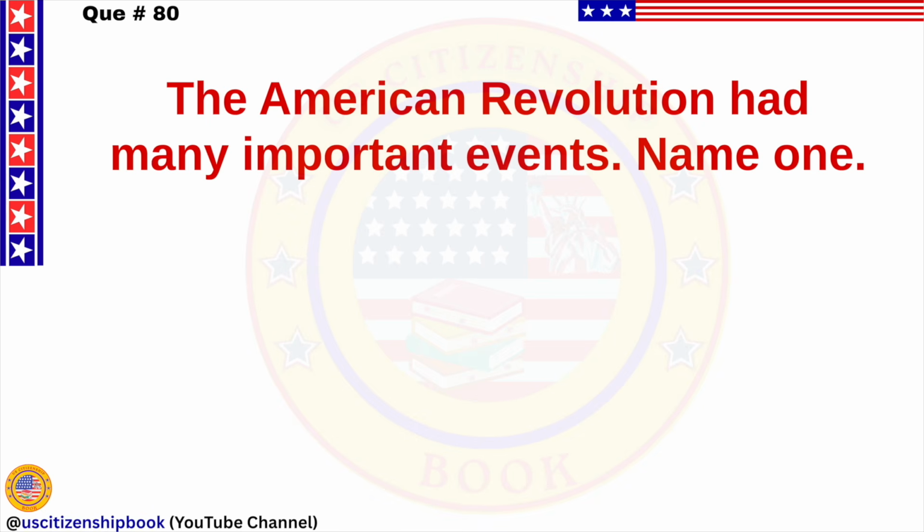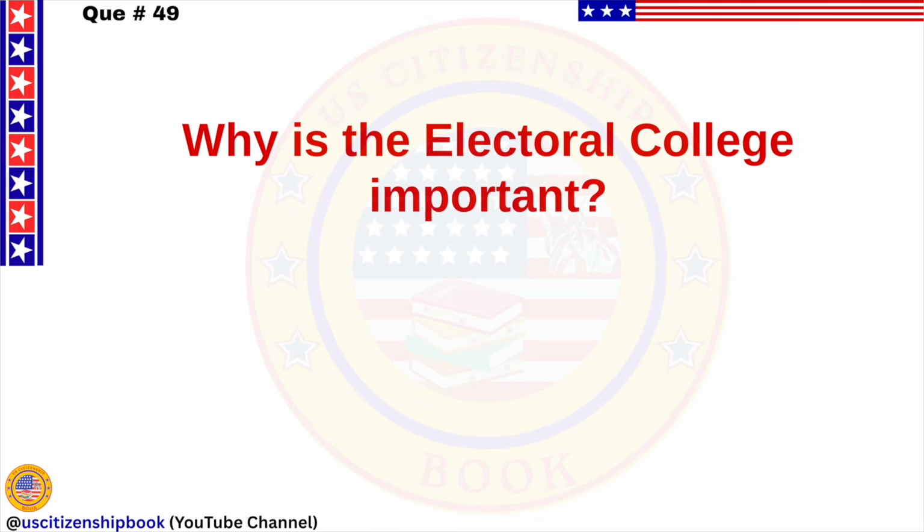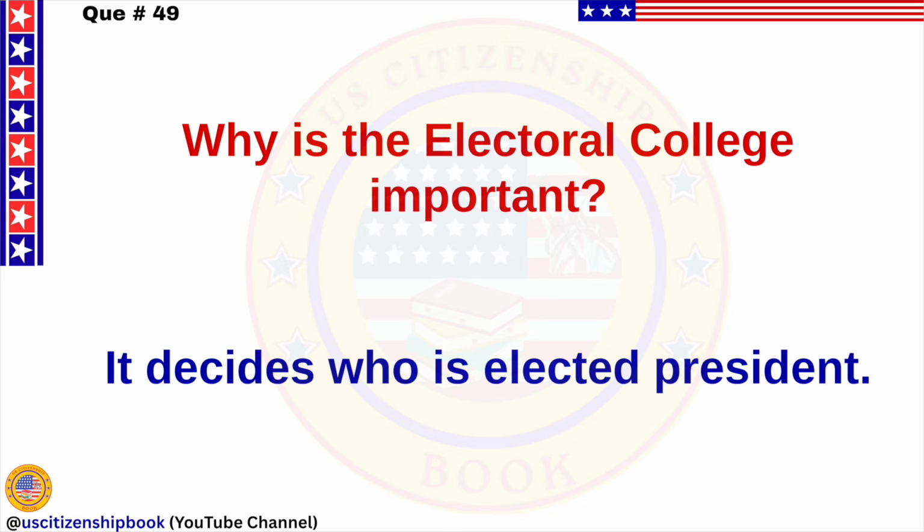The American Revolution had many important events. Name one. Battle of Bunker Hill. Why is the Electoral College important? It decides who is elected president.